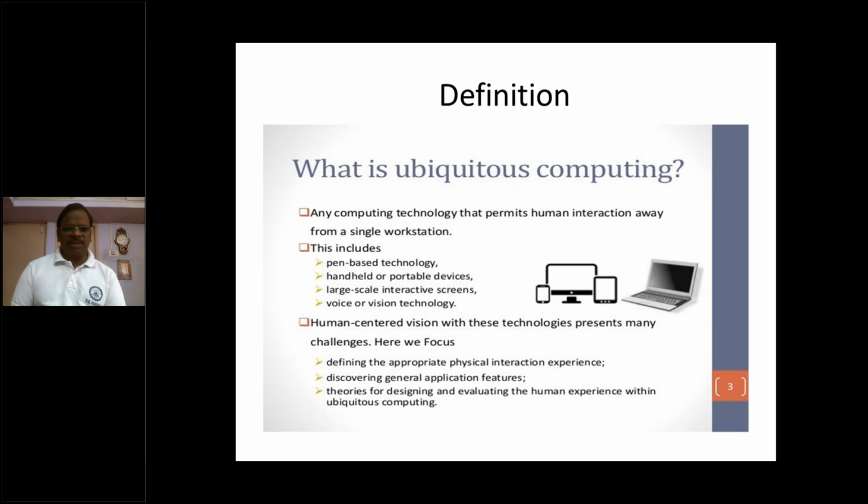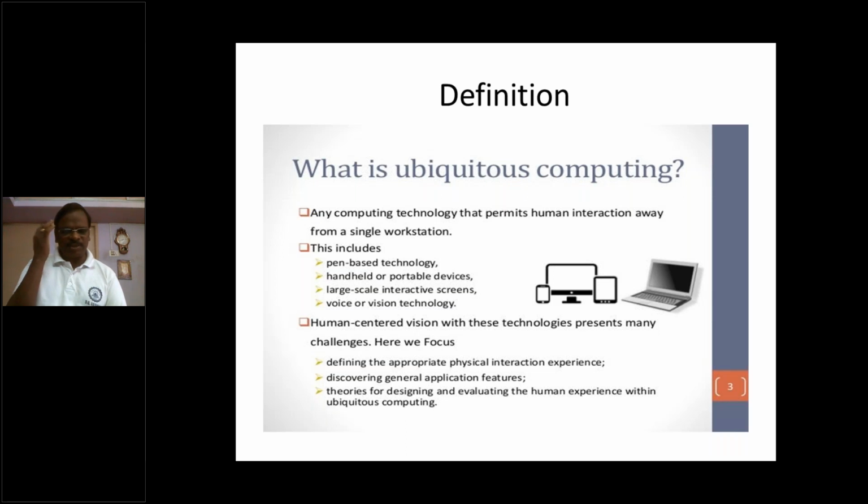Now, the human-centered vision with these technologies presents many challenges. What challenges do we want to focus on? We have to define the appropriate physical interaction experience, so physical, hardware-oriented interactive devices are required. We have to discover general application features.